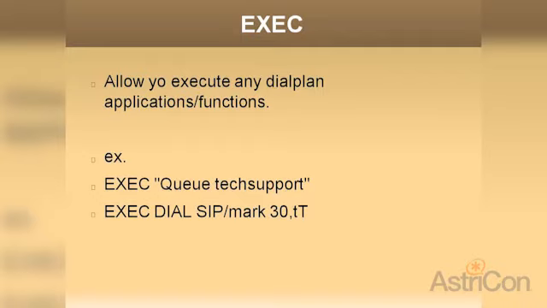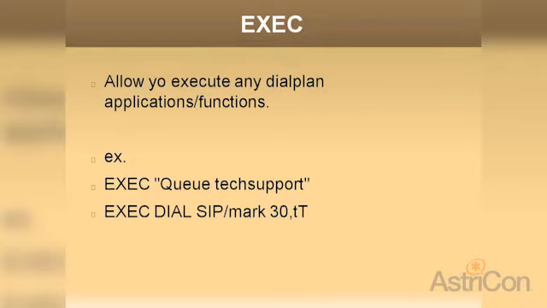Now your question will be, but what if I'd like to use a specific Asterisk application that isn't listed when I did my agi show commands? Don't panic. You can use the exec command. For example, there's no AGI command called Queue, but there's a Queue app available in the dial plan.